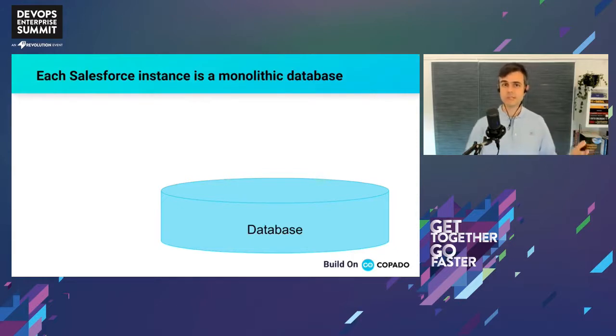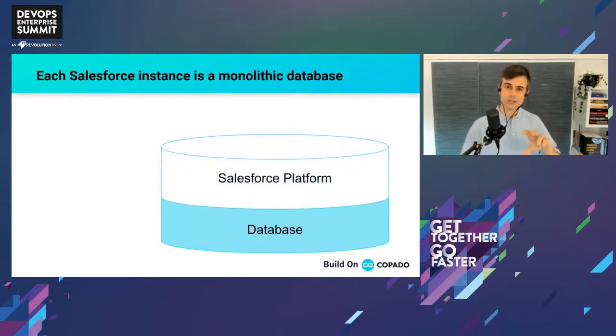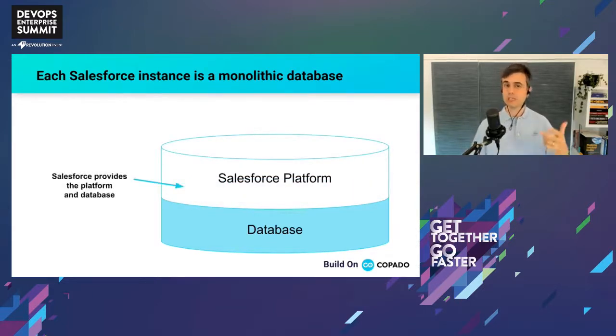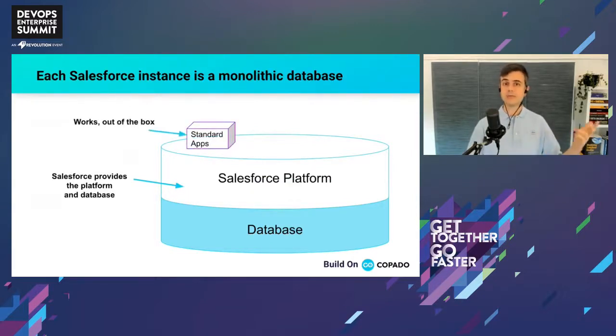Now, what is Salesforce anyway? Basically, it is one big monolithic database on which there is the Salesforce platform. Salesforce provides both the platform and the database in the cloud. They also provide standard apps that just work out of the box. You can also install third-party apps that greatly expand the range of capabilities with little or no effort on your part.